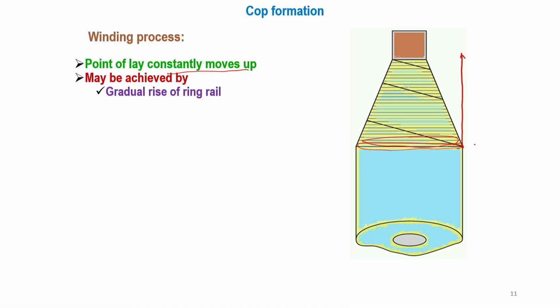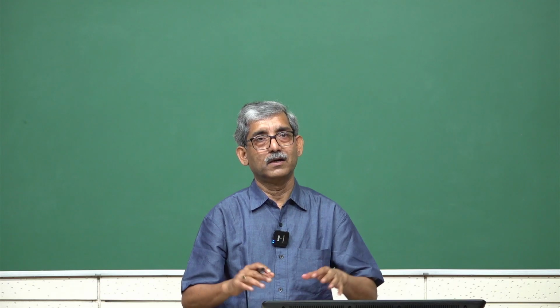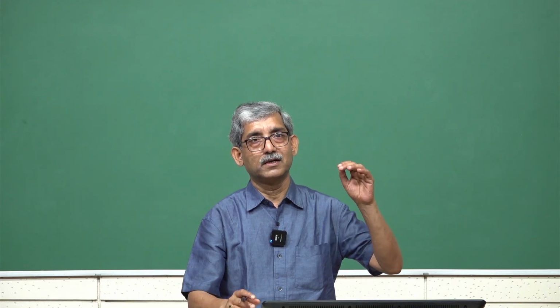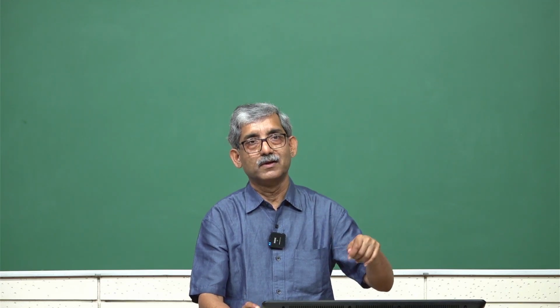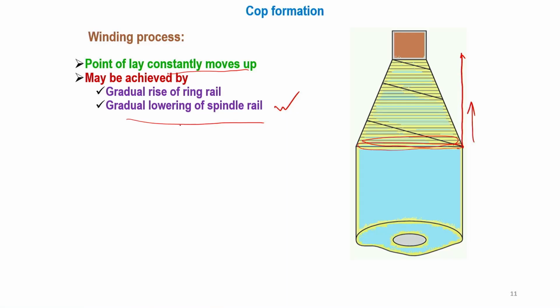gradual rise in the ring rail or gradual lowering of the spindle rail. To lower the spindle rail we need a complex motion, because the total spindle rail is driven by the drive arrangement, and that will give complexity.